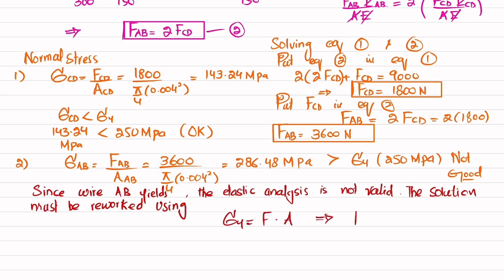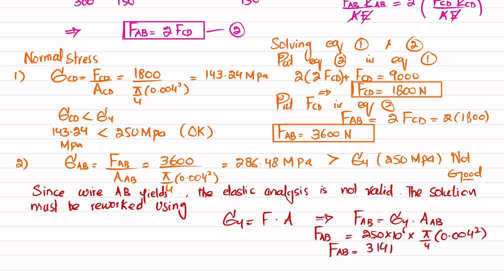So the force in AB will be calculated based on yield stress, so that it lies within the yielding range. Yield stress times the area of AB will give the force. Yield stress is 250 megapascal, so 250 into 10 raised to the power 6 multiplied by the area, pi by 4 times 0.004 square. When you solve this, you will get FAB as 314.159 Newton, or you can say FAB will be equal to 3.14 kilonewton.